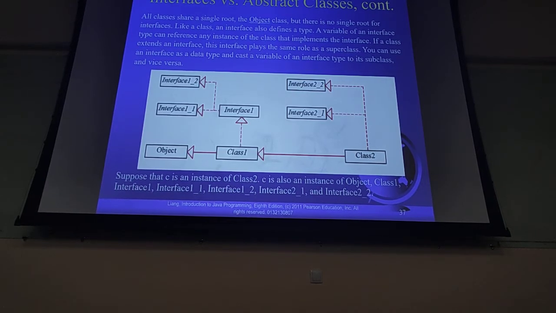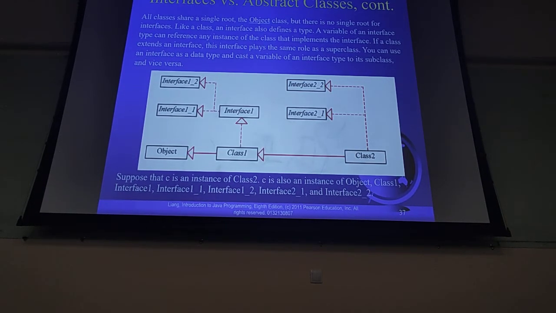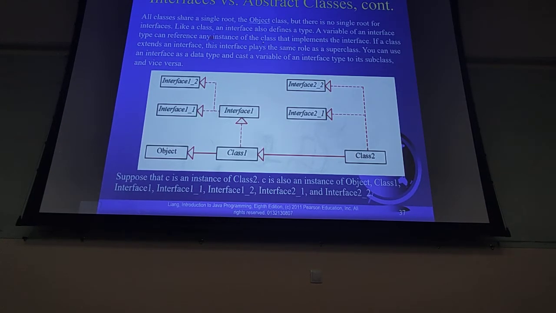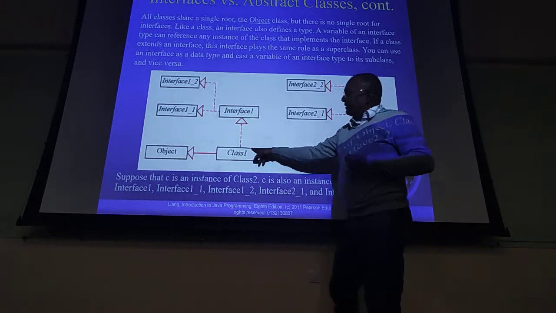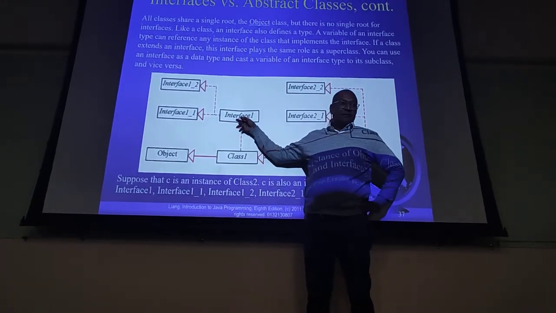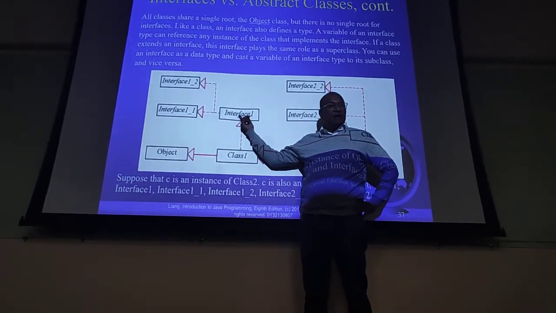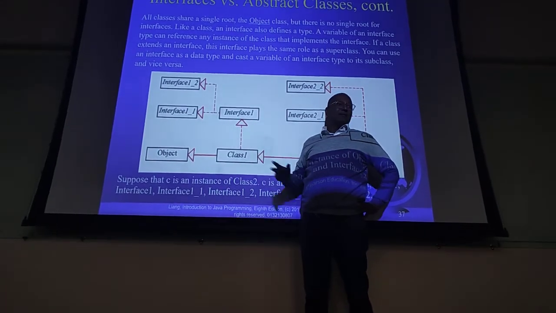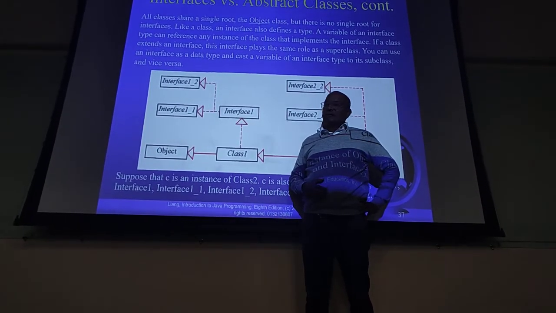A variable of the interface type can refer to any instance of the class that implements the interface. For example, class 1 implementing which interface? So we can have a reference of this interface and assign the object of the class. Are we clear?